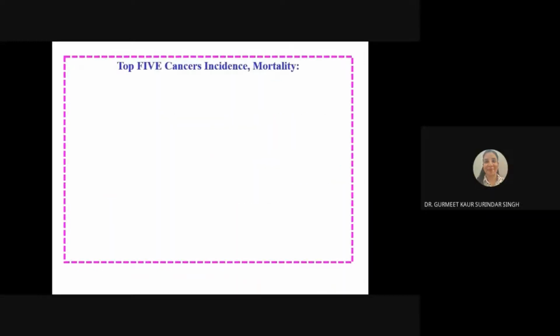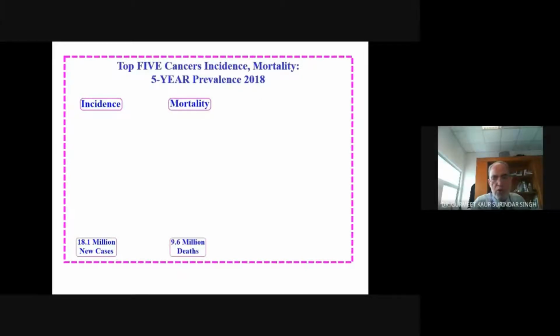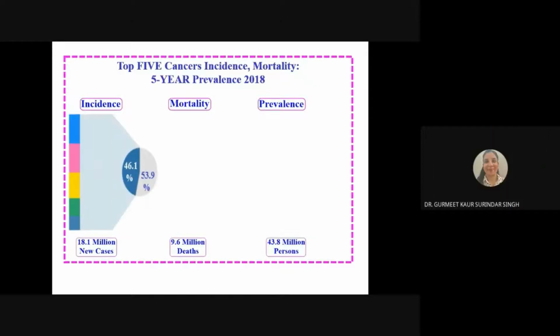Here we can see the top 5 cancer incidence and mortality all over the world according to the statistics of 2018. As we see, the incidence is 18 million, the mortality is about 9.6 million, and the prevalence is 43 million.